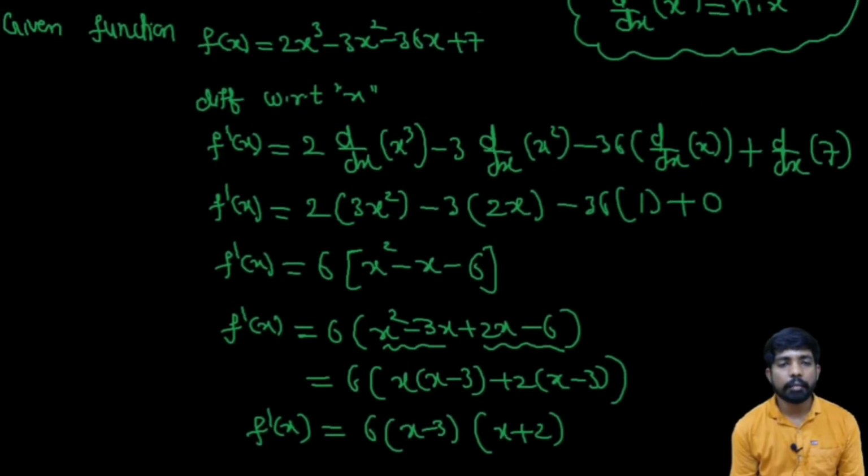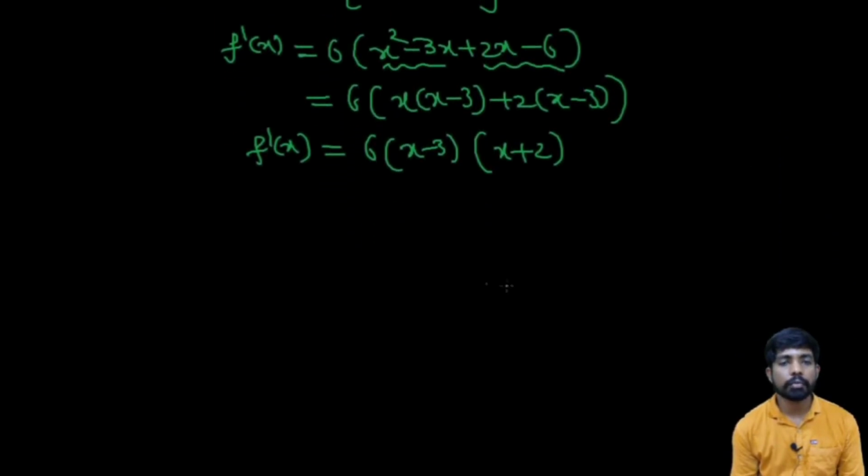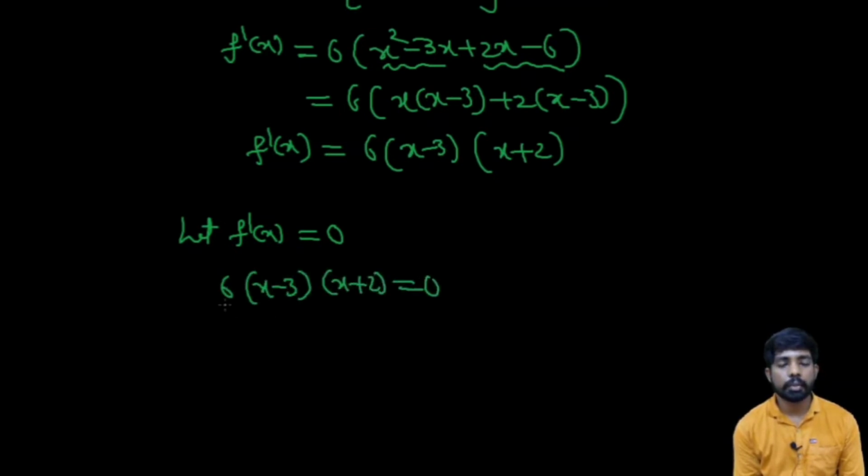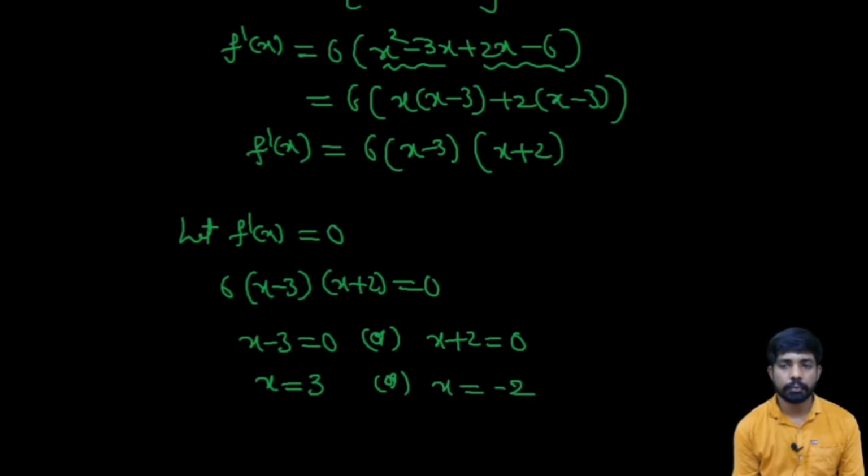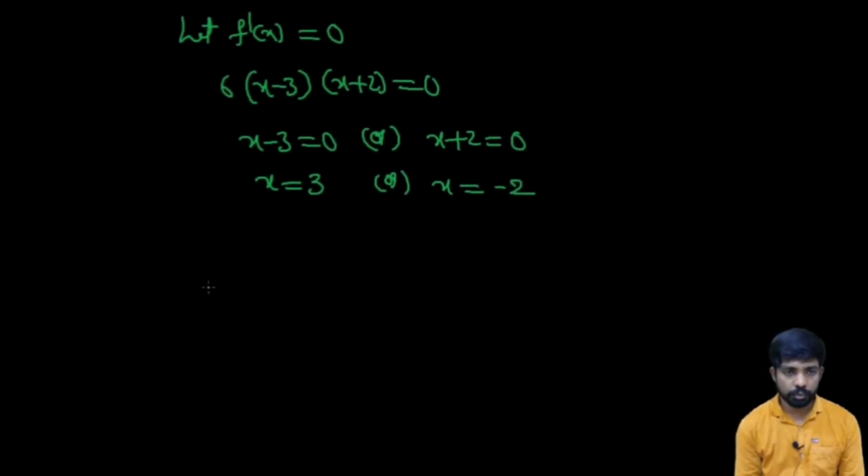Now we found the slope. Let the slope be equal to 0. So 6 times x minus 3 into x plus 2 equals 0. Then either x minus 3 is equal to 0 or x plus 2 equals 0. So x is equal to 3, or x is equal to minus 2.